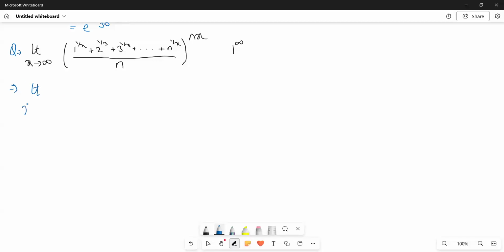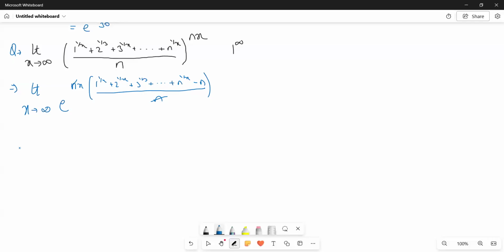So then we solve it as limit x tending to infinity e to the power nx into 1 to the power 1 by x plus 2 to the power 1 by x plus 3 to the power 1 by x plus so on so forth n to the power 1 by x minus n, whole divided by n. So this n and this n cancel.